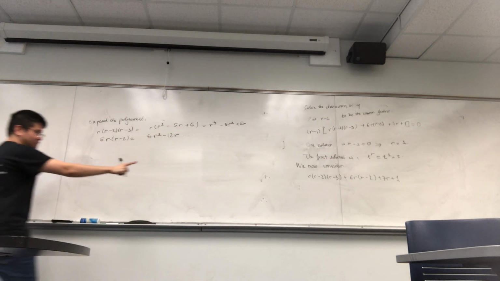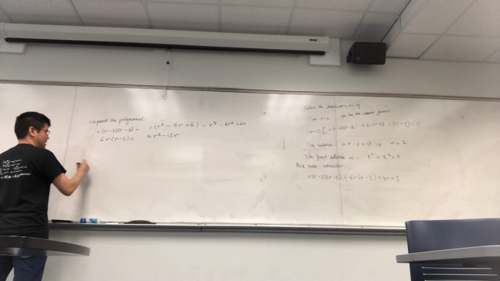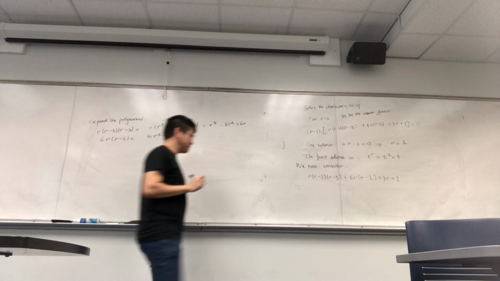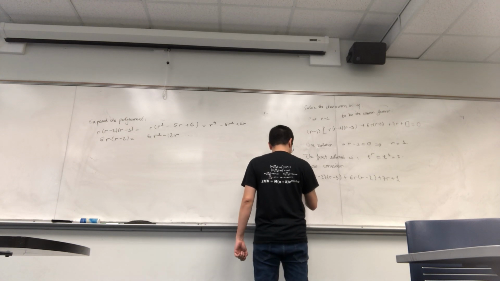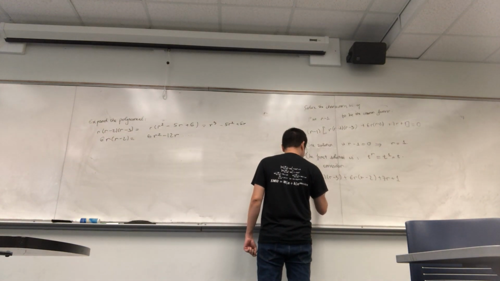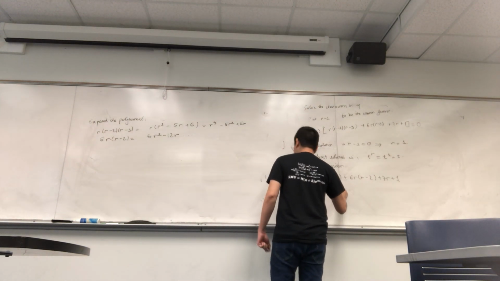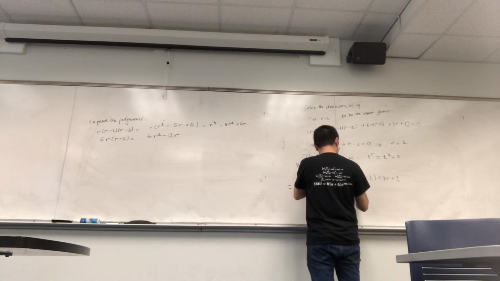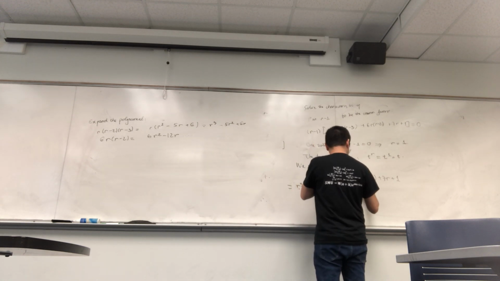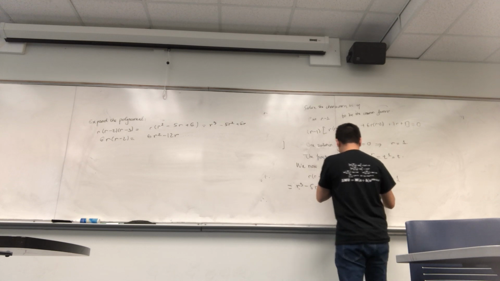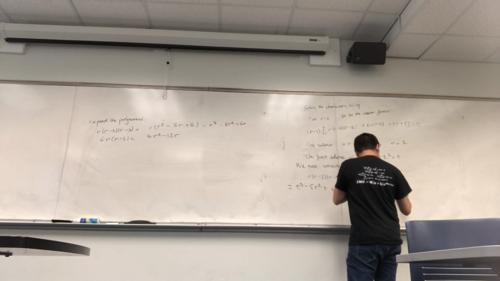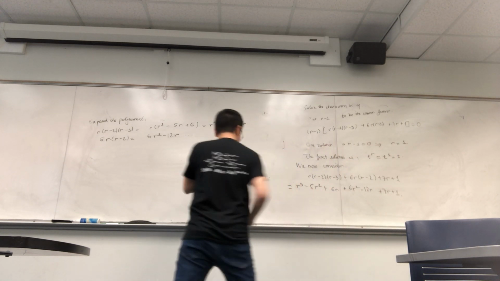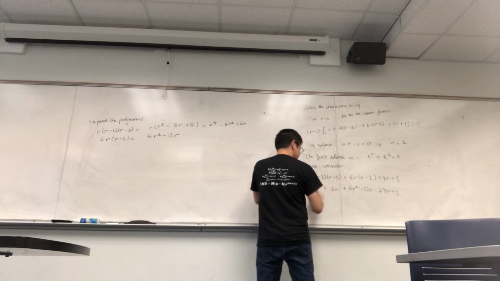Right, so now you put everything back into the equation. You get r cubed minus 5r squared plus 6r plus 6r squared minus 12r plus 7r plus 1. All right? So I simplify everything.